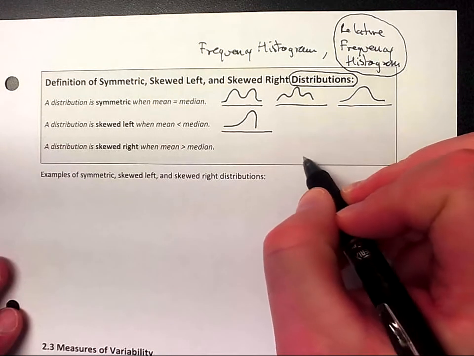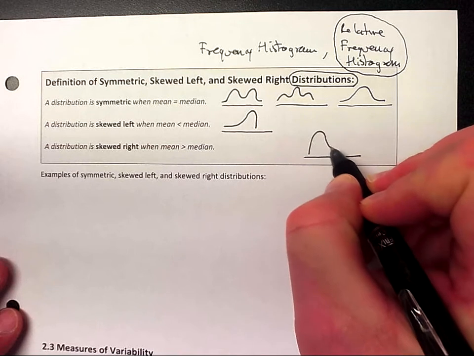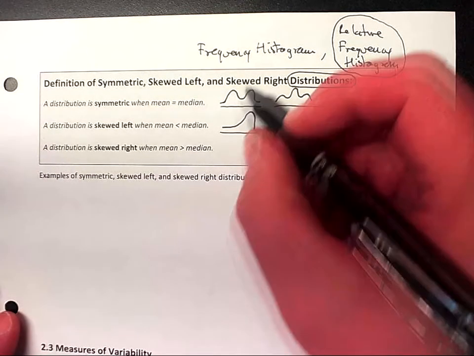And then the textbook example of a skewed right distribution would be the one that looks like this. So this one up here is skewed left. The one at the bottom is skewed right. So let's take a look at these because there's a couple of definitions that go along with this that aren't necessarily mentioned in the textbook that accompanies this course.